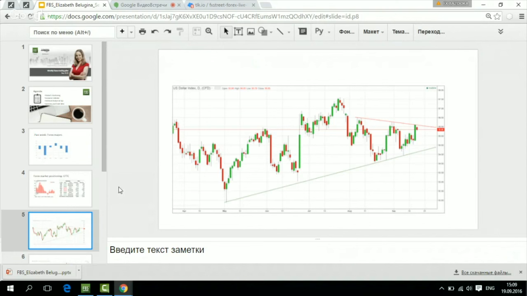We can see this big green bullish candle on Friday, when the US dollar gained on the better than expected US inflation figures. More or less, the dollar index is consolidating around the 95.50 mark. And the currency will likely move very little ahead of the Federal Reserve's meeting on Wednesday.